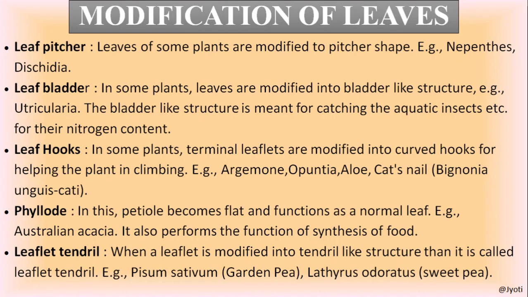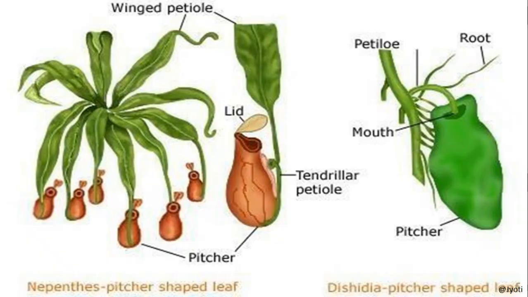The other modification is leaf bladder. In some plants, the leaves are modified into bladder-like structures, as in the case of Utricularia. Utricularia is an aquatic plant. This is also meant for catching aquatic insects to get the nitrogen content.